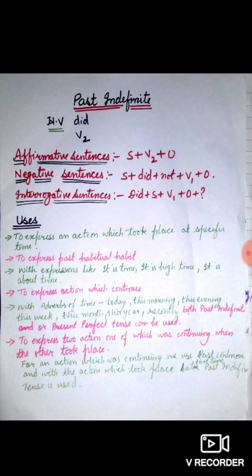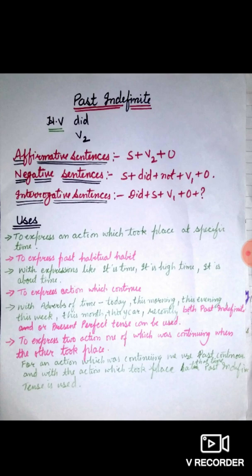Affirmative sentences, the formation is presented in front of you: subject, thereafter second form of verb plus object. In negative sentences, subject plus did plus not plus first form of verb plus object.